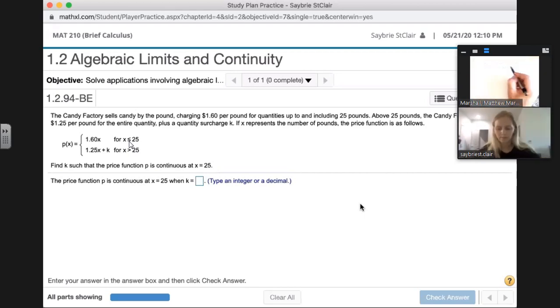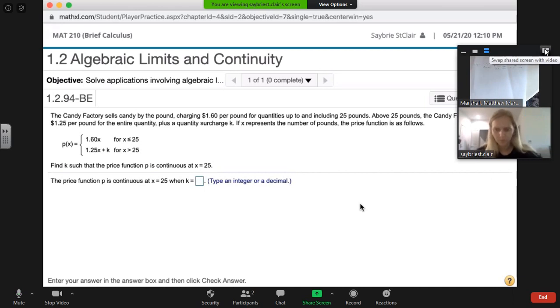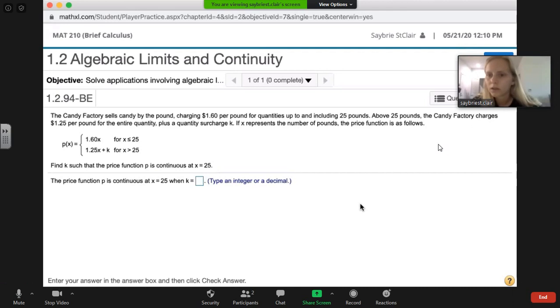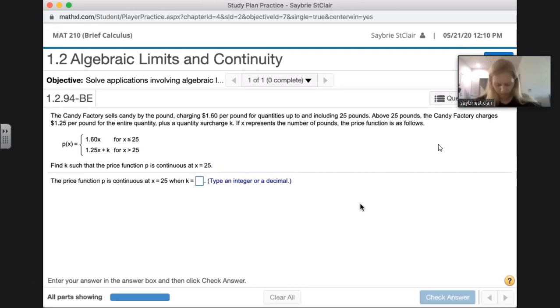So yeah, 1.6 times 25 looks like 40. 24.9 times 1.6, I get 39.84. 24.99 times 1.6 is 39.984.